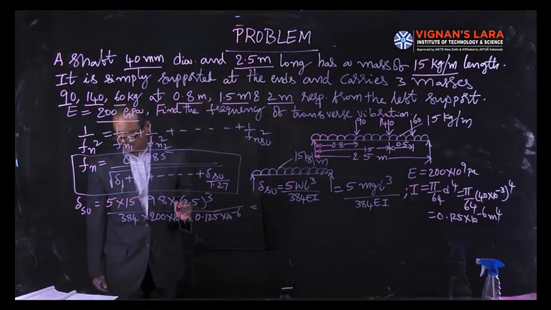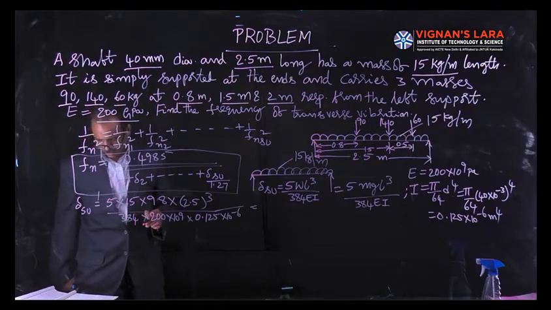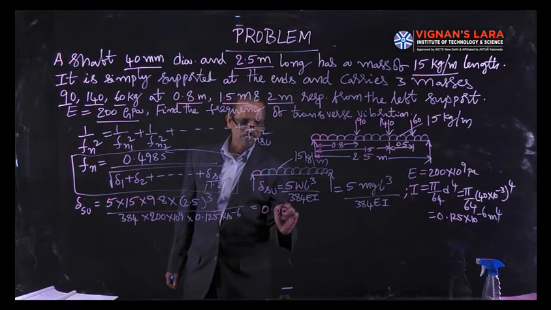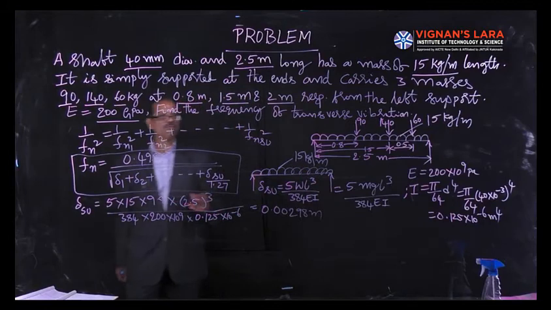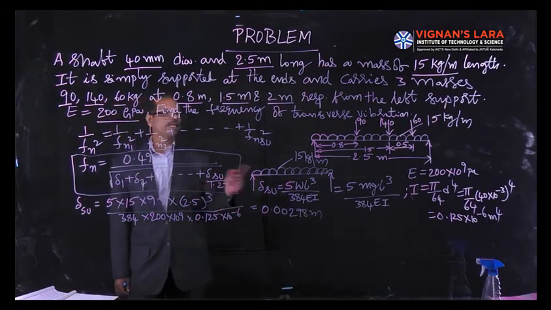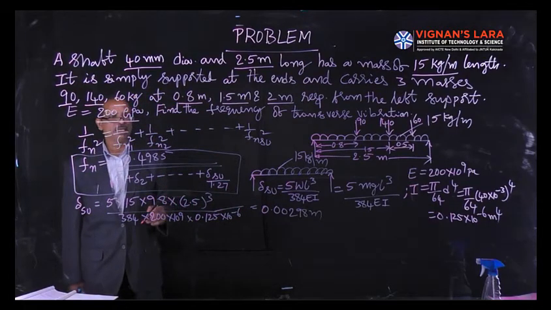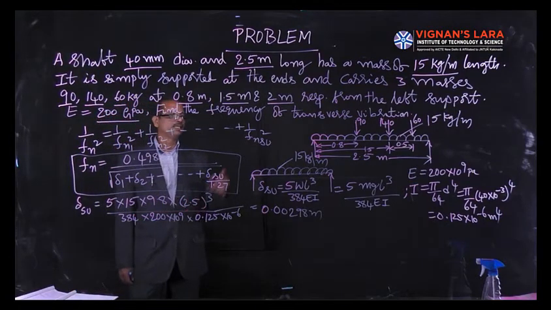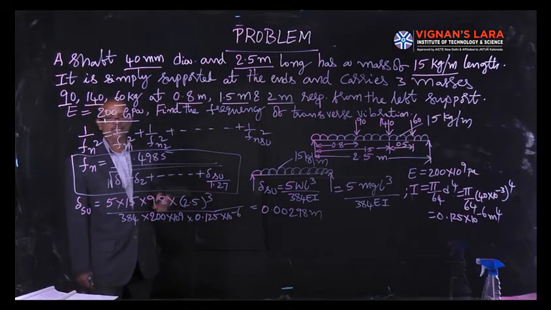So you will get the delta value. Okay, so the delta value here is 0.00298 meters. So the delta of UDL, considering only UDL completely applied over the length, and the deflection maximum at the center, which is delta SU, 5WL cube by 384 EI, that is 5 mgl cube by 384 EI. So that way you will get that value.